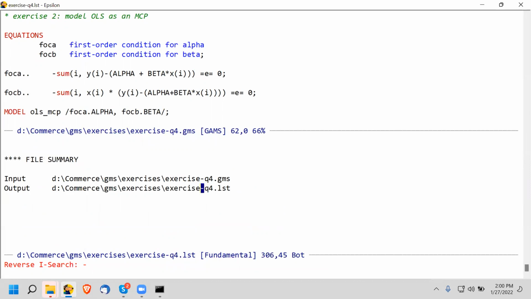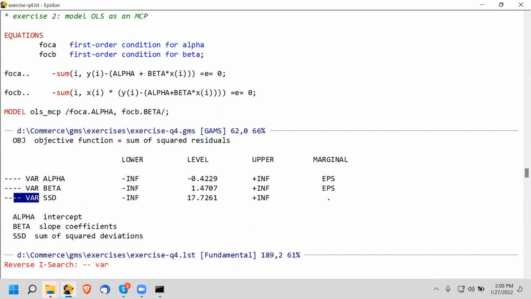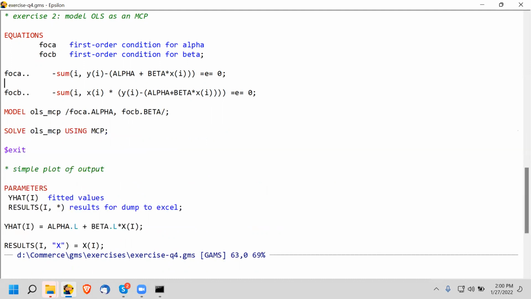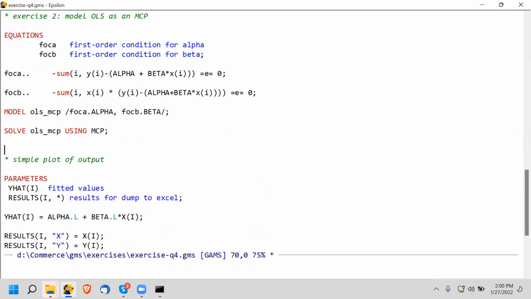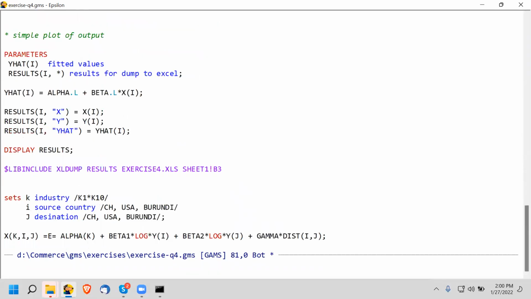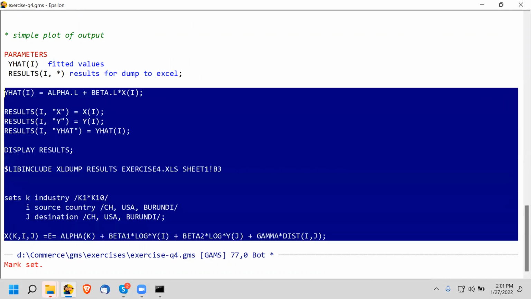That equals solved. I do a search for the bar, and there we see you get the same solution. Those are known as the normal equations. Basically we solve the normal equations, the system of equations with respect to the parameters.